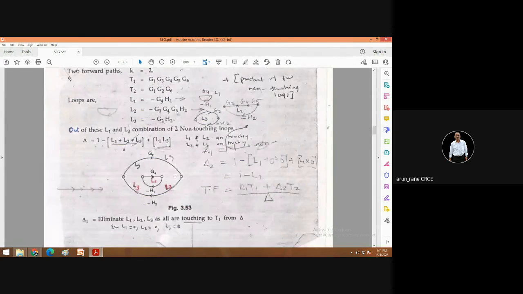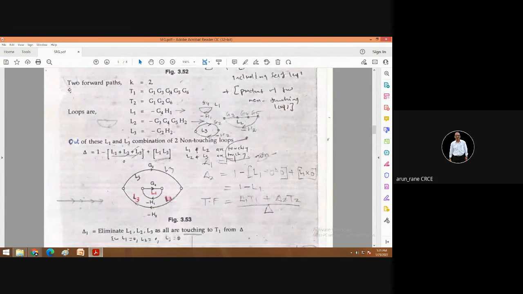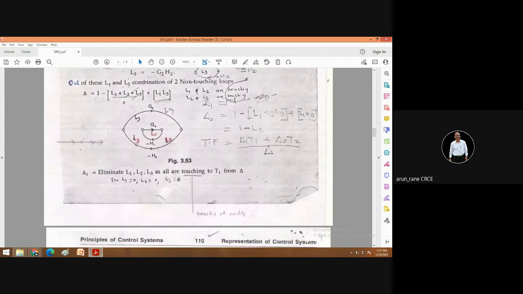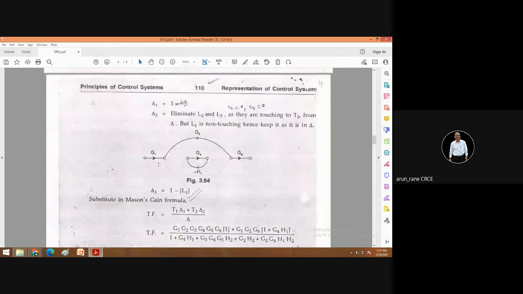Now you substitute the values. What is T1? T1 we got: G1, G3, G4, G5, G6. And what is L1? So that you have to substitute. So G1, G2, G3, G4, G5, G6. And what is the value of delta 1? Delta 1 is 1. Similarly T2: G1, G2, G6.